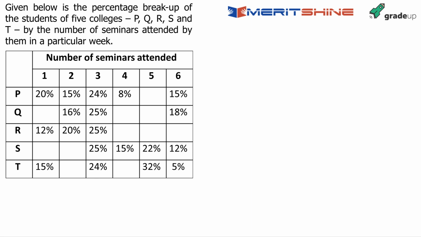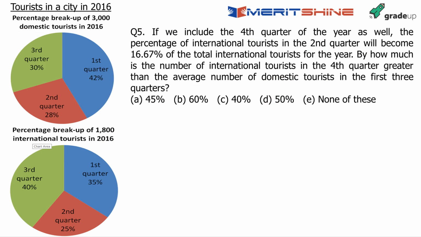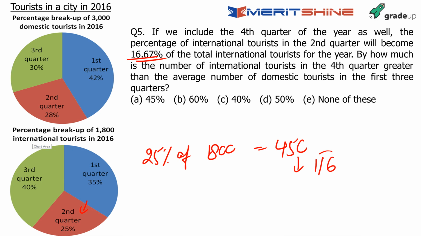Okay, let me just repeat it because so many of you have problems in this. I'll just erase this. Look at this. This is domestic. Okay. 25% of 1800 for this number is 450. This 450 becomes 16.67%, which is 1 by 6 of the total number of international tourists.